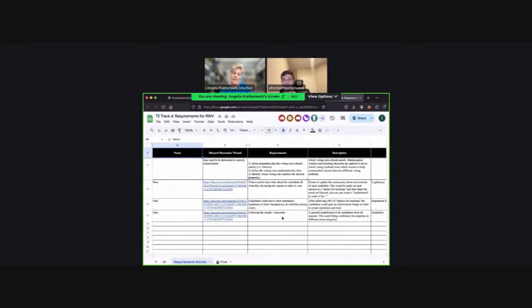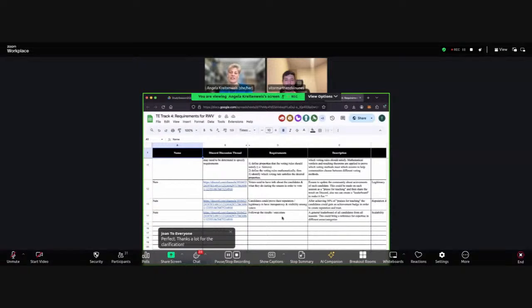Then we might find some of them are not feasible or don't apply here, but for now, no limitations. That's also a practice you should establish in requirements engineering: go 100% 360 degrees, and then start sorting and prioritizing.